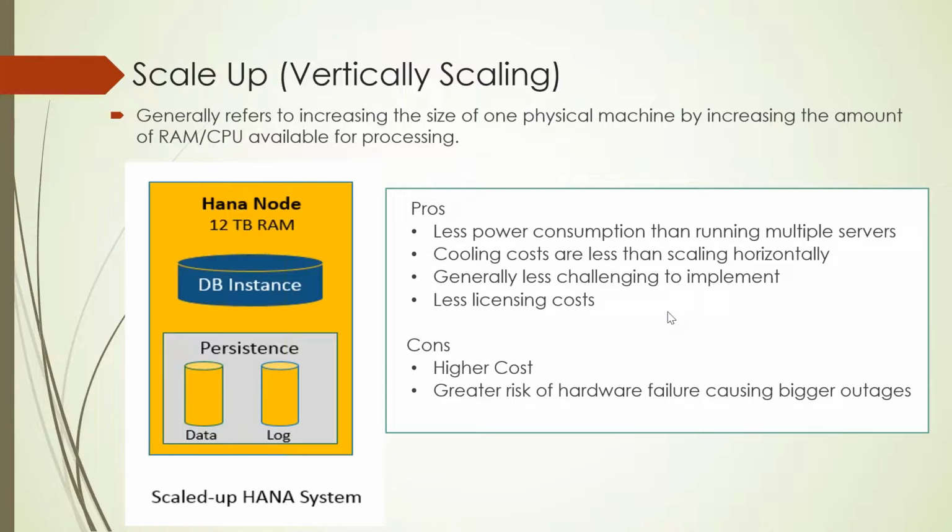Cons: higher cost. One SID is running on this particular node. The single node is very costly, because if you buy more RAM and more CPU, then definitely it will cost more.